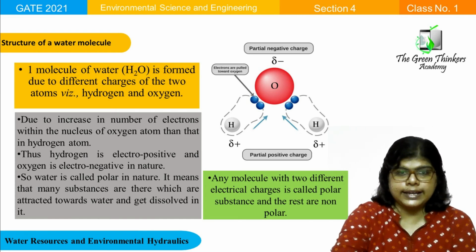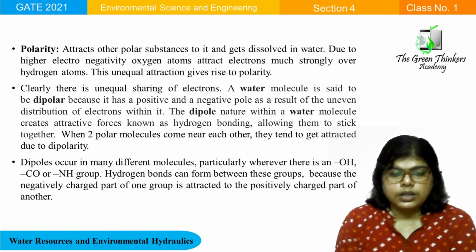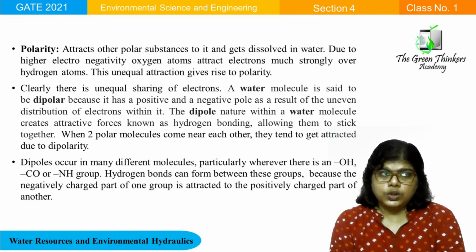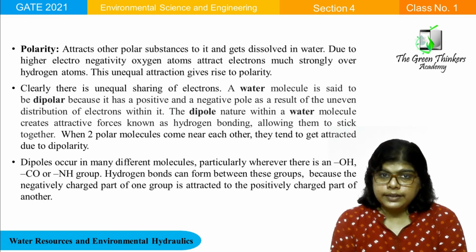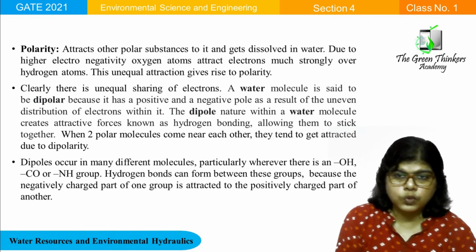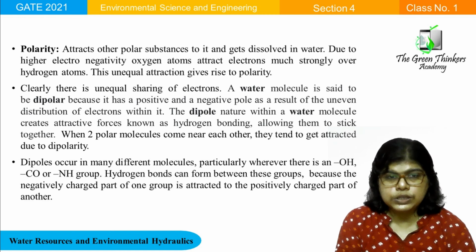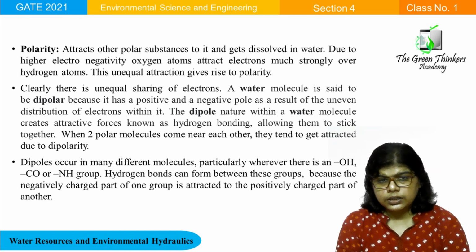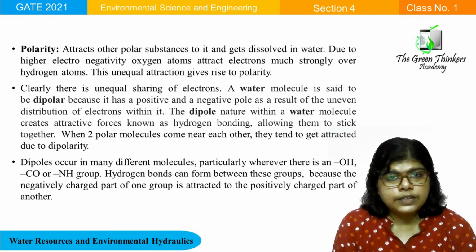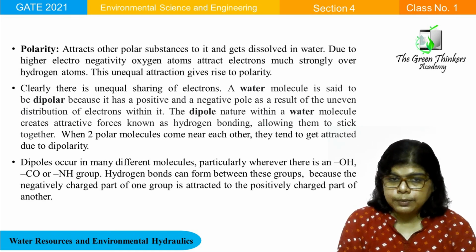Okay, now moving on to the next slide. As we discussed, polarity is basically the attraction of polar substances towards water and their subsequent dissolution in water. There is one more property, which is called dipolarity.